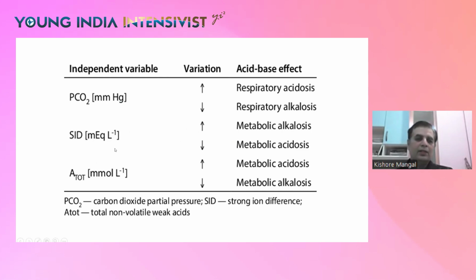We know that. What will happen if the SID increases or decreases? If SID increases, that leads to metabolic alkalosis, and if SID decreases, that leads to metabolic acidosis. Whereas for the ATOT, it is reverse. If ATOT is increased, it leads to metabolic acidosis, and if ATOT is decreased, that leads to metabolic alkalosis.